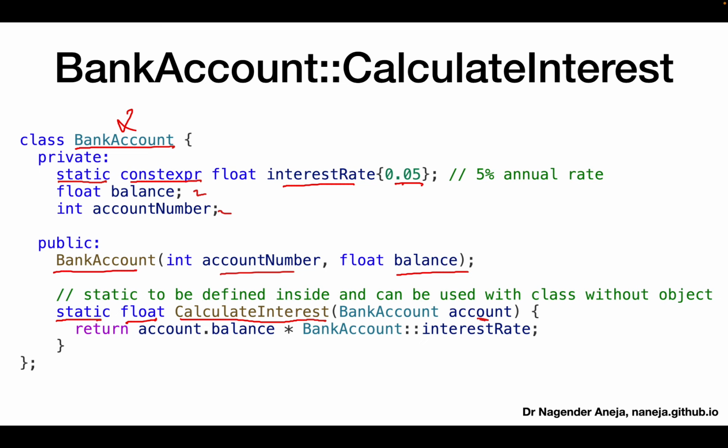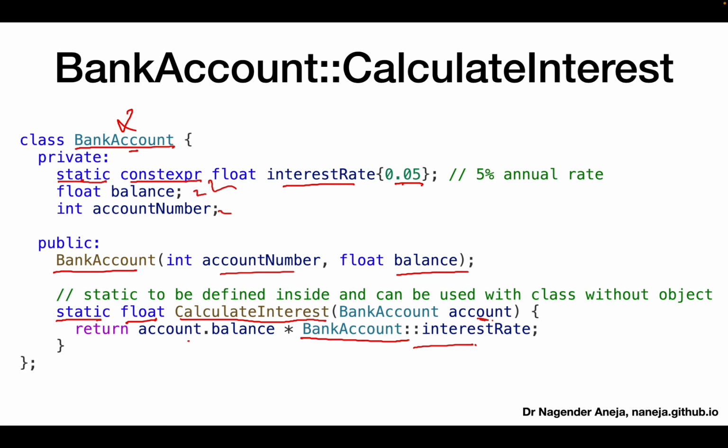It receives an account object of BankAccount, and then we multiply account.balance by the interest rate. Interest rate is static, so we are using the BankAccount class with the scope resolution operator. Anything static, we should use the class.